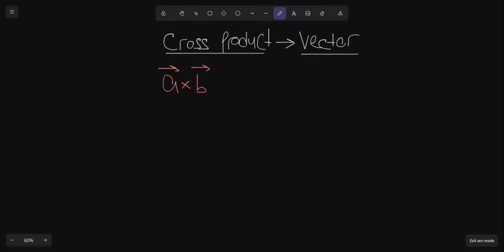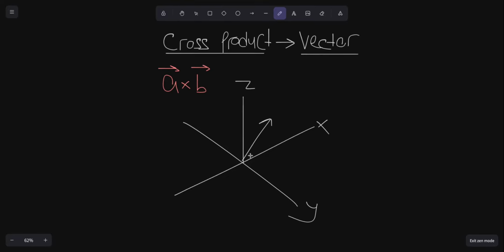The cross product is very, very powerful, because imagine you're in 3 dimensions and you have these two vectors and you want to find the area of the parallelogram that they make. Well, that's just going to be the magnitude of the cross product between the two vectors.